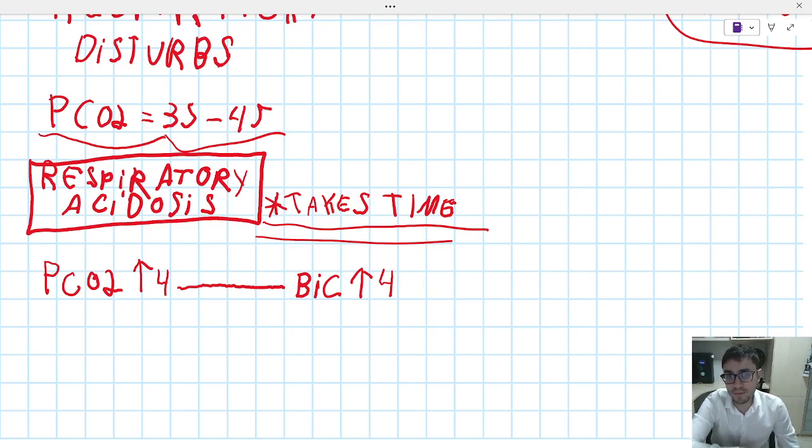The person needs to hyperventilate a lot to cause a respiratory alkalosis. A respiratory acidosis is a more common disturbance that we can face in our day-to-day life. If a patient has hypercapnic respiratory insufficiency, they will face a respiratory acidosis.